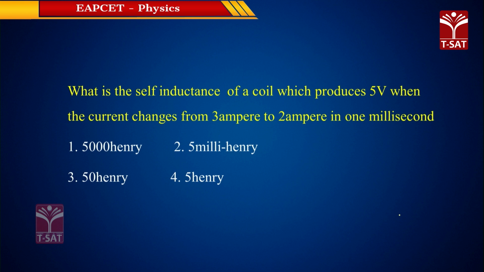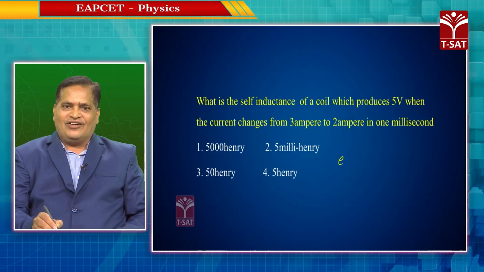What is the self inductance of a coil which produces 5 volt when the current changes from 3 ampere to 2 ampere in 1 millisecond? Okay children, you know the formula for self inductance: E is equal to L di by dt.